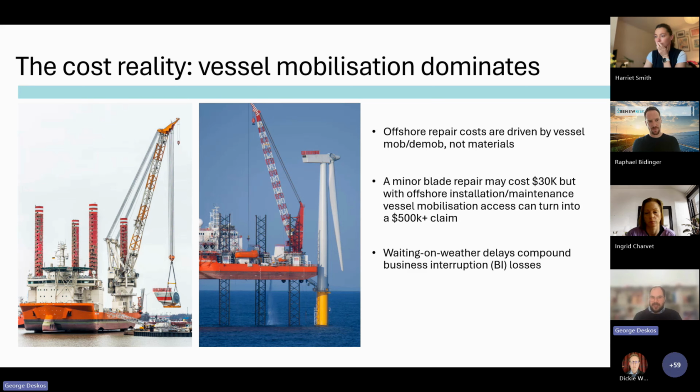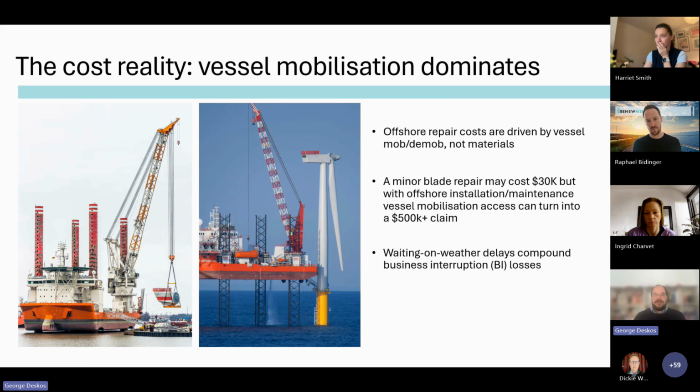I give an example here: a minor blade repair, maybe you have to go in, inspect, maybe change a few screws. It may cost in the ballpark of about $30,000. But if you add an offshore installation and maintenance vessel and the mobilization and access, this can very easily turn into a $500K-plus claim. And this is for a low claim. They might go to $10 million even. And we have seen these numbers in the market.